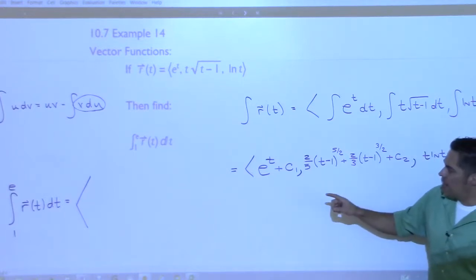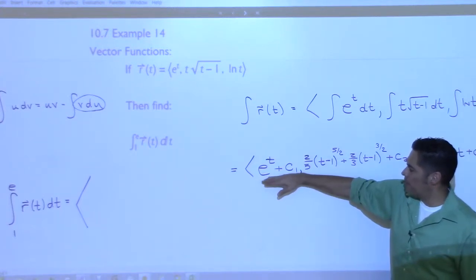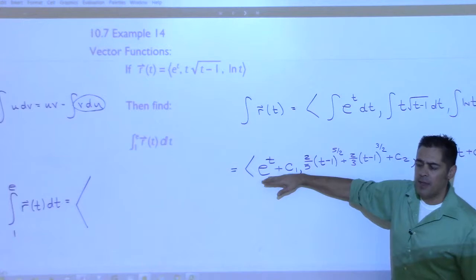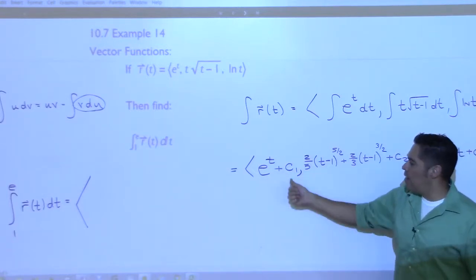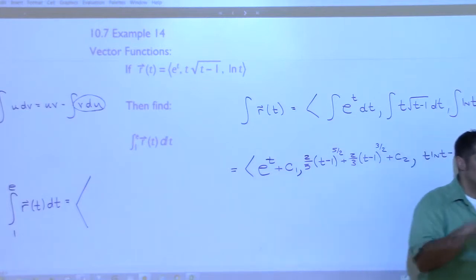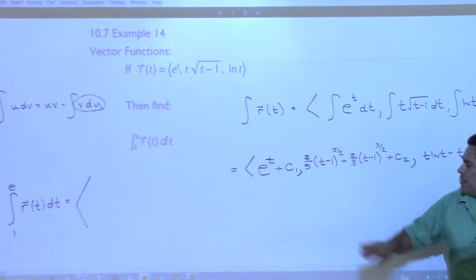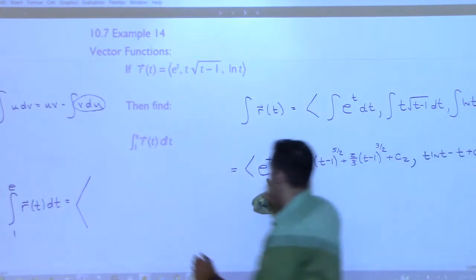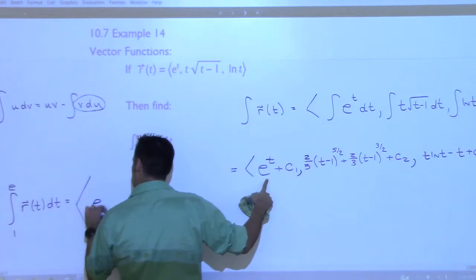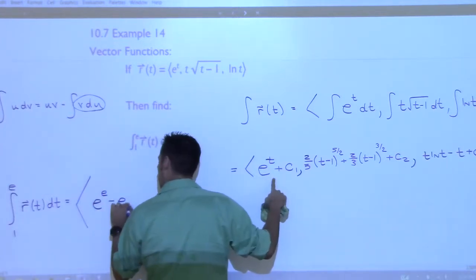So I have to take this vector function and plug what into it first? e, and then subtract from that this plugged with what? 1. Now remember, the constants of integration cancel out when you subtract. So when we do the definite integrals, these constants won't matter anymore. Right, so let me do that first one. It's going to be e to the e. The constant's going to cancel, so then e to the 1.